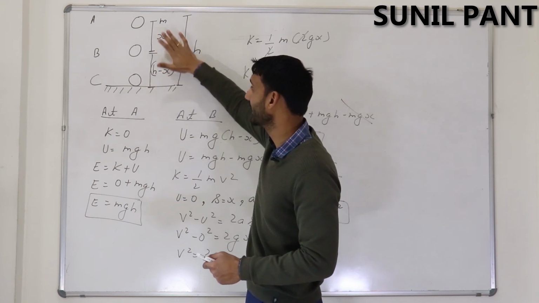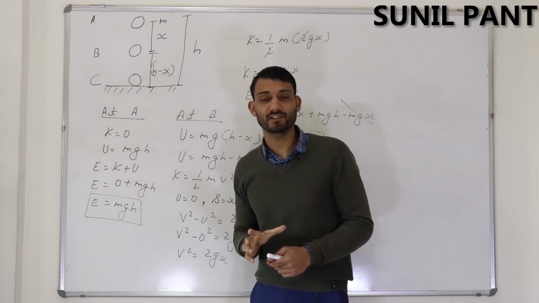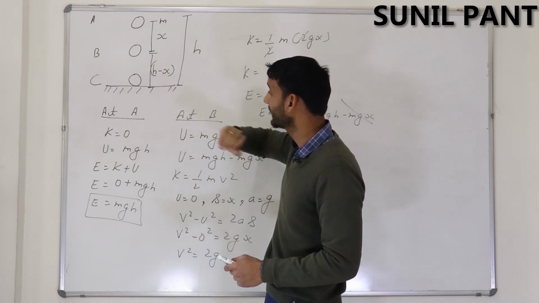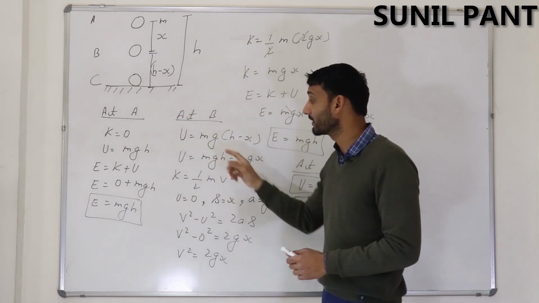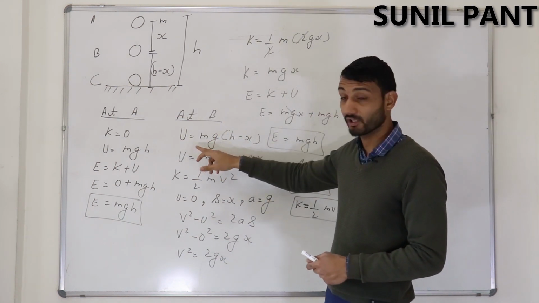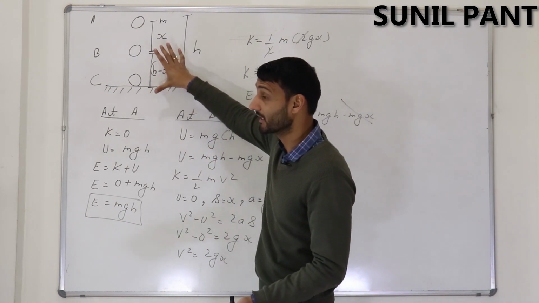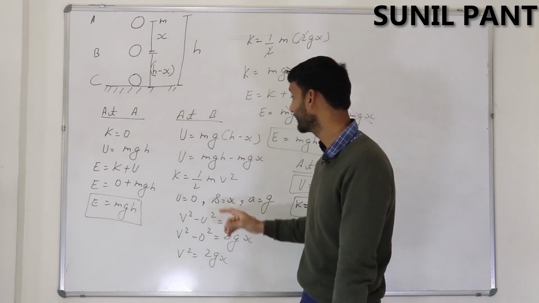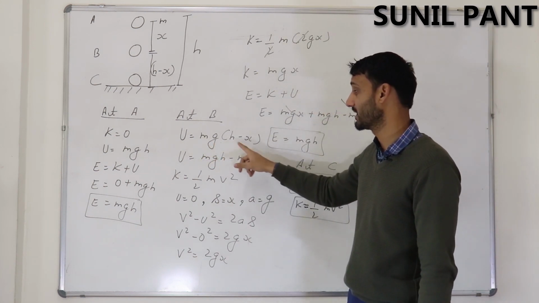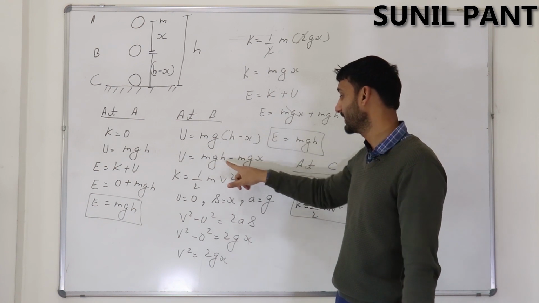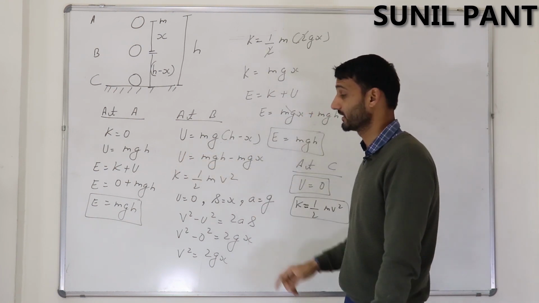That is, h was the total height, and the body has travelled a distance of x. So now the body is at a height of h minus x. So at B, what will be the potential energy? Obviously potential energy will be mgh, but in this case the height from the ground is h minus x, that is why it is mg(h minus x).